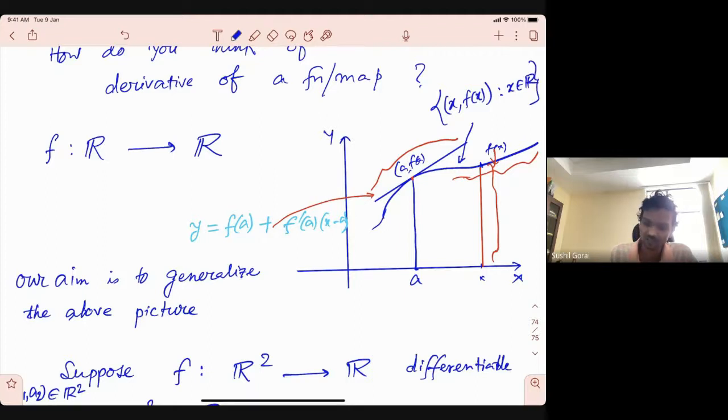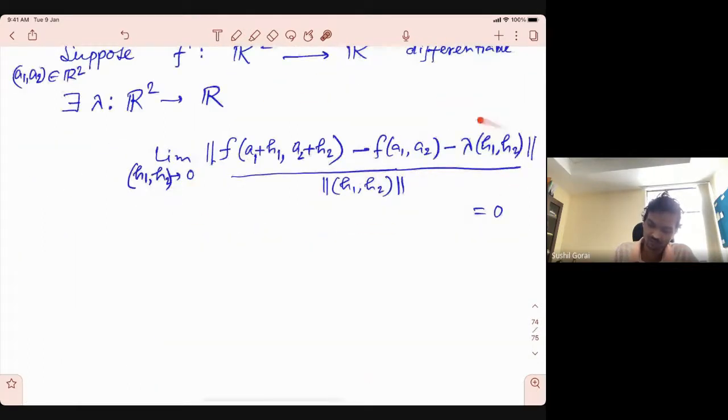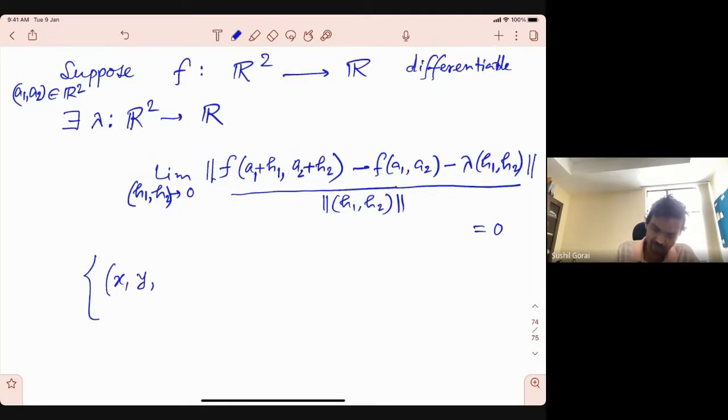So this set is very important to generalize from what happens in R to what happens in R3 or Rn. So you want to look at the following set: (x1, x2, f of (x1, x2)).